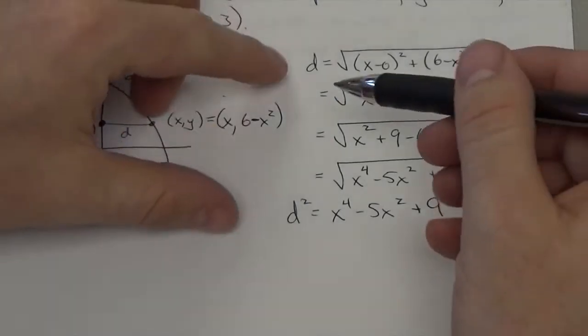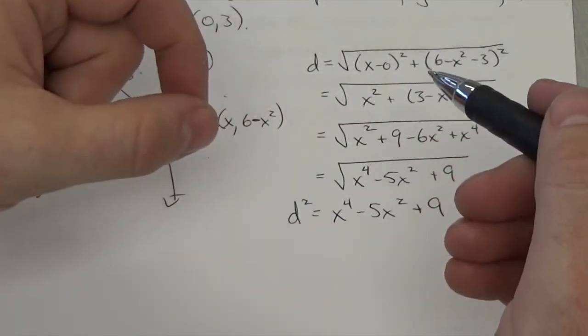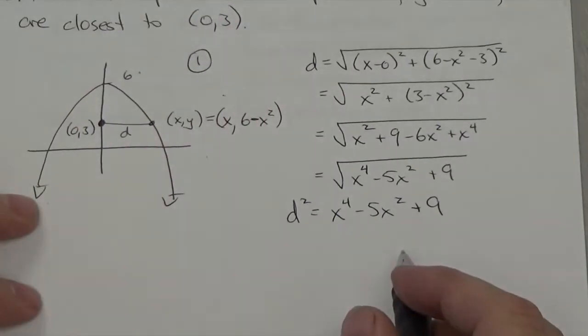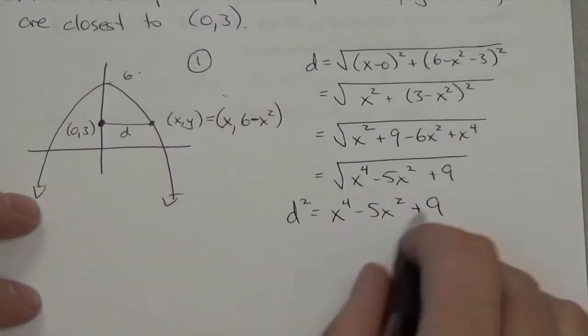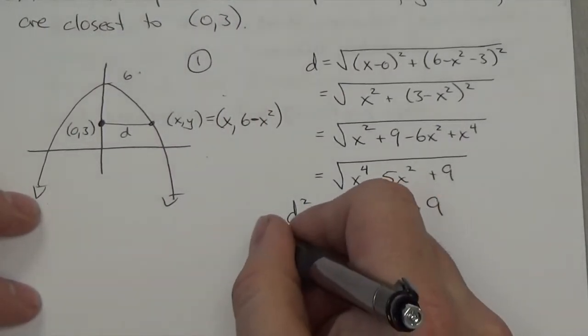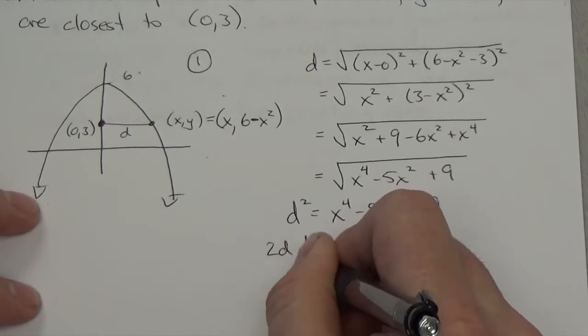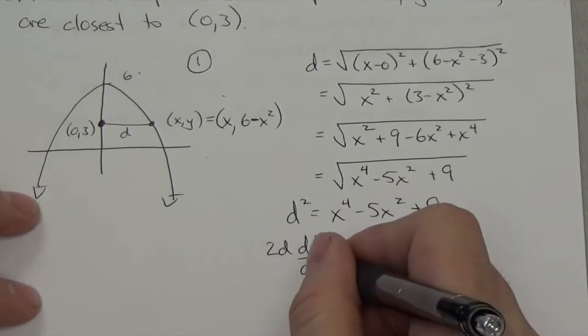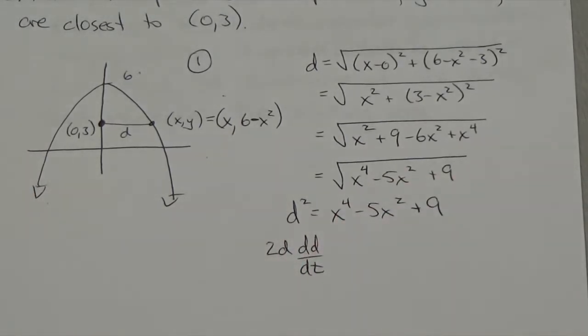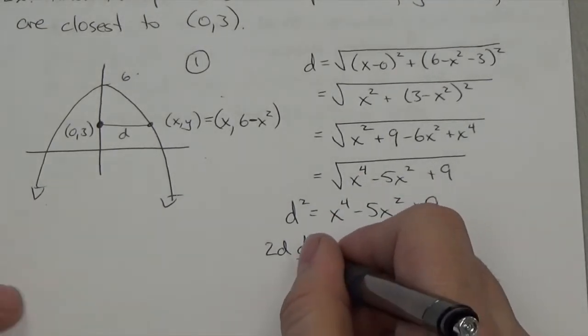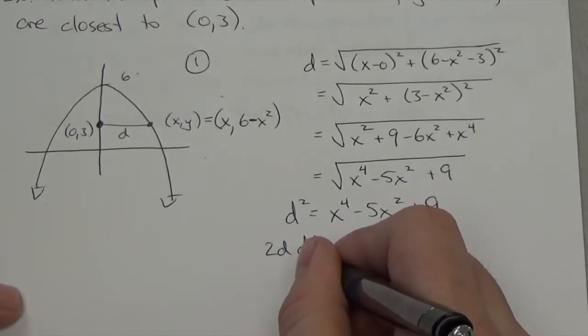Okay, so I get an expression for distance. That's what I take the derivative of. Doesn't really matter that I have to do it a little bit implicitly here. This will be 2d, and I know this is going to seem a little bit weird, but dd by dx. Let's just change that to a dx.